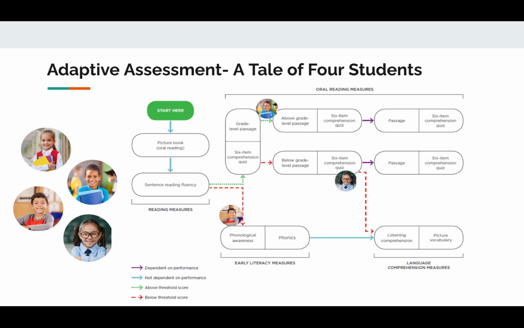Additionally, if certain thresholds are met or not met, they may also be assessed on phonological awareness, phonics, listening comprehension, and picture vocabulary. This flow ensures that students are assessed appropriately based on their reading and comprehension level and have a test that is customized perfectly to their needs.